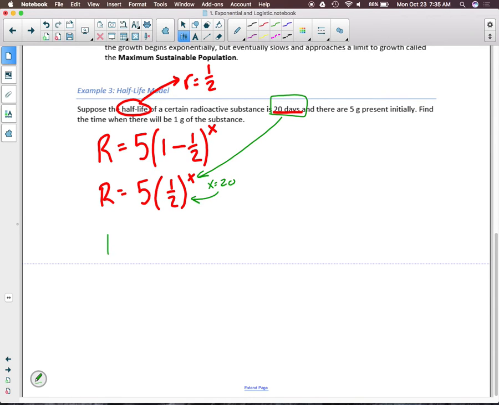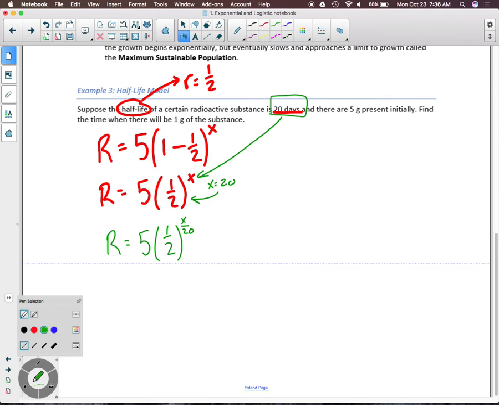So the easiest way to accomplish this is to just divide this exponent by the length of the half-life. Because now, when x equals 20, I'm going to get 1 there, and it will take 1 half-life. And when x equals 40, I'll get 2 in the exponent. It will take 2 half-lives. You kind of see how that works?